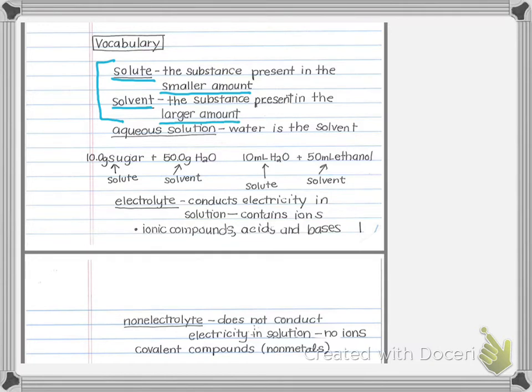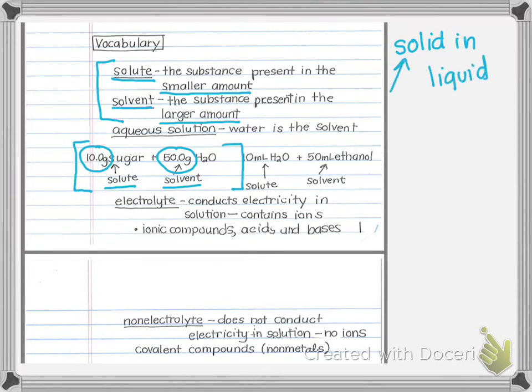So for example, if I had 10 grams of sugar and 50 grams of water, sugar is in a smaller amount than the water, so sugar is the solute and water is the solvent. As a general rule, when you mix a solid in a liquid, the solid is always the solute and the liquid is always the solvent.